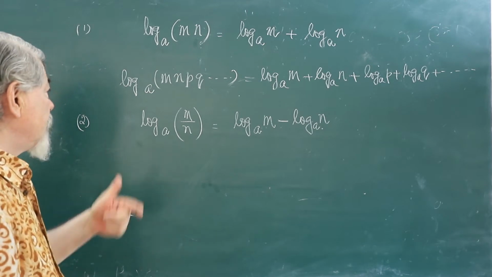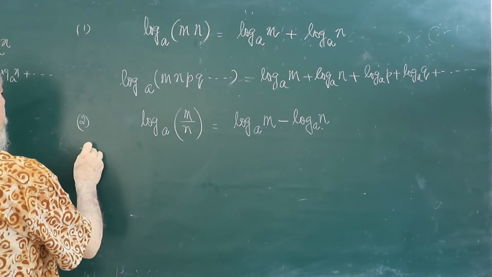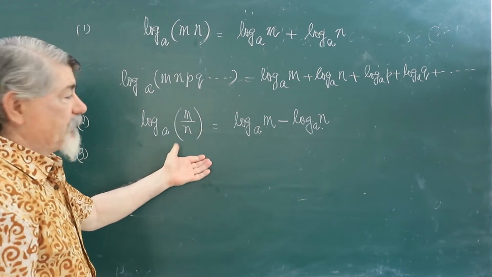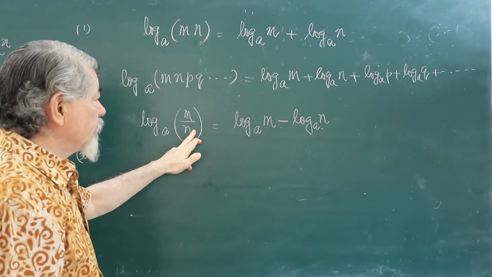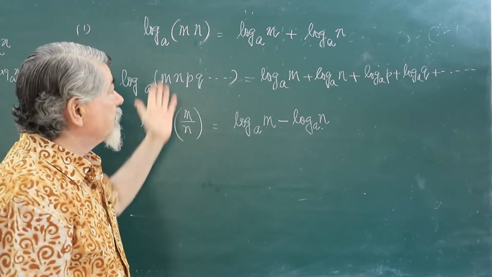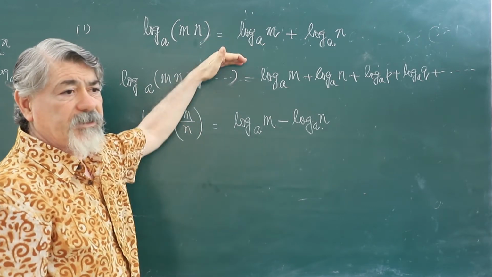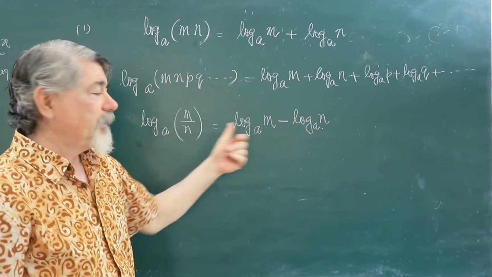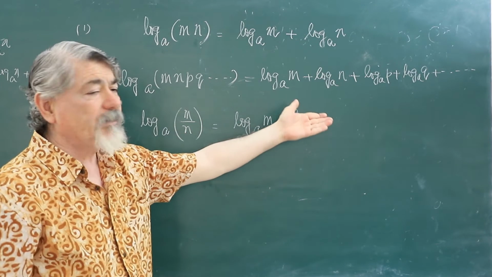Then we have another law. You must be wondering why it is not like this. Because it will apply the same thing. It could be multiplication also, multiplication in the denominator. The same combination of these two can be applied. If they are in the numerator, they will be added. If they are in the denominator, they will become minus.